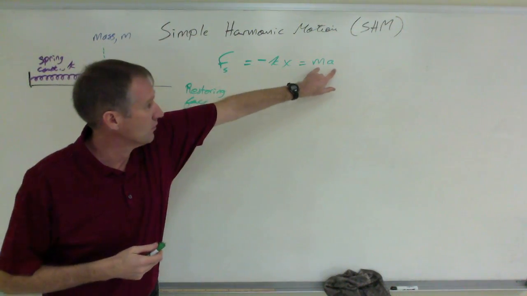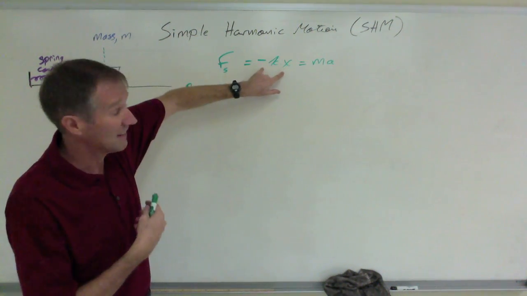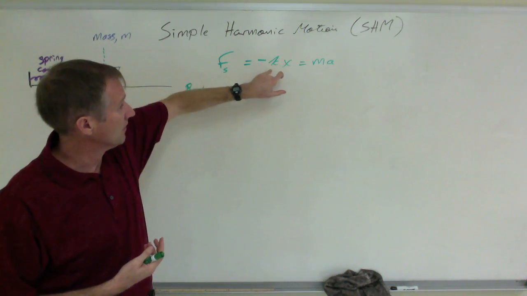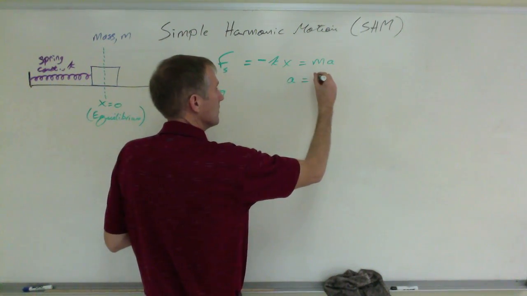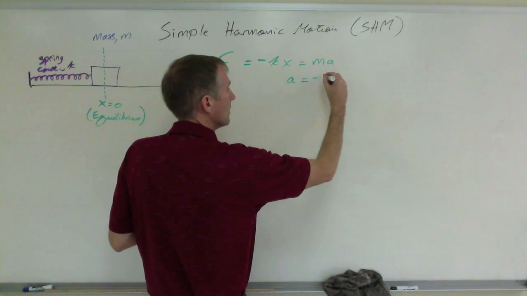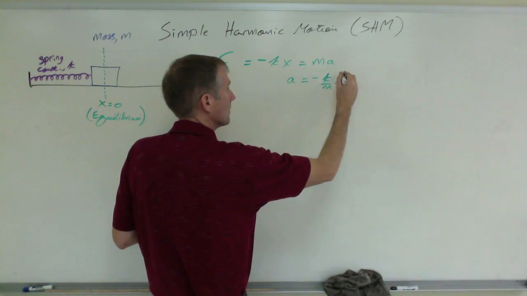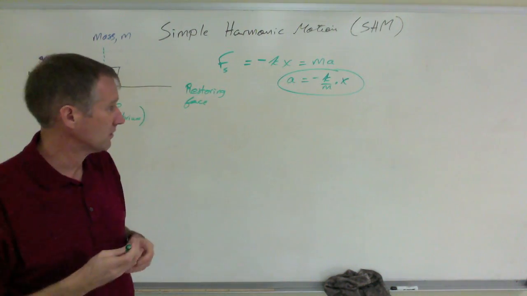Newton says force equals mass times acceleration, again in a frictionless environment, and the restoring force is negative kx. If you solve for acceleration, the acceleration is negative k over m times x. You want to remember that for a mass on the spring.